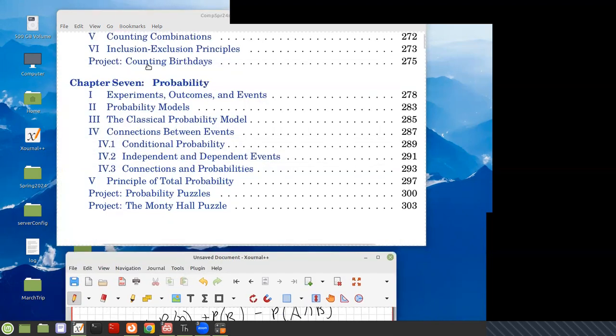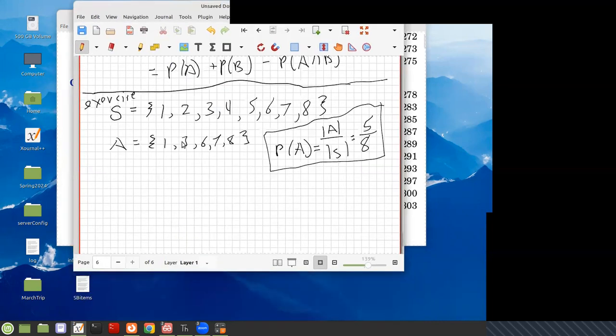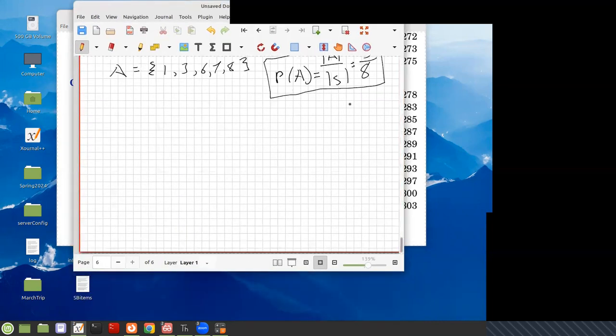And the one thing we can do is the problem I mentioned. We have the tools now to deal with the birthday problem. Okay, so let's talk about that for a little bit.